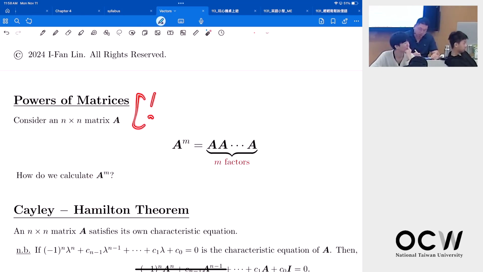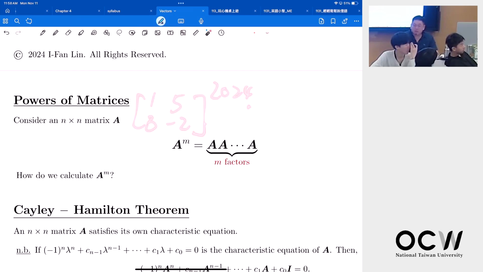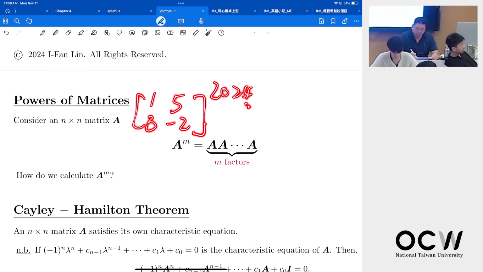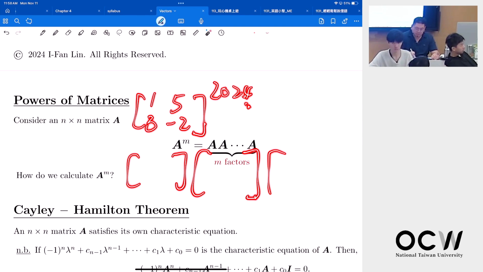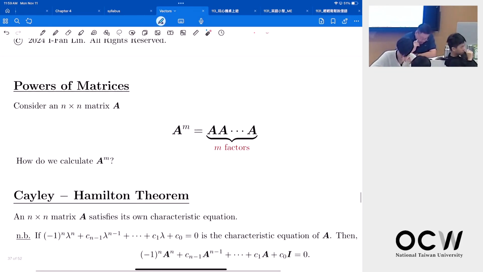If I have the matrix 1, 3, 5, minus 2 to the power 2024, I cannot just do it by hand, multiplying by another matrix and another matrix. It is inefficient. So to find this power of matrix, we can use the Cayley-Hamilton theorem.